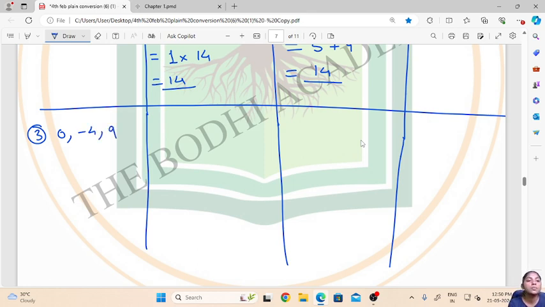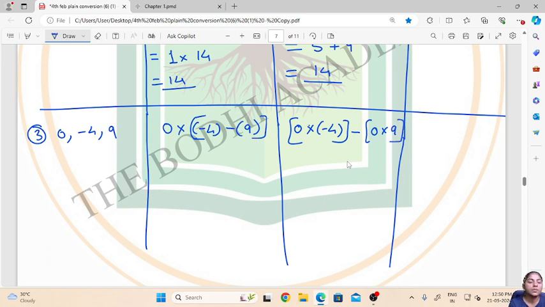So let us first put it as A into B minus C and A into B minus A into C. So let us solve this.